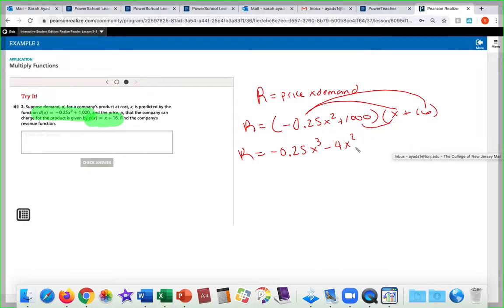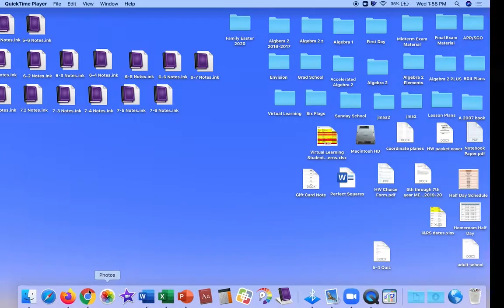The inner, we have 1,000 times x, 1,000x. And lastly, we have 1,000 times 16, which gives us 16,000. Now, we don't have any like terms, so this is our revenue function. Done. So it's price times revenue.